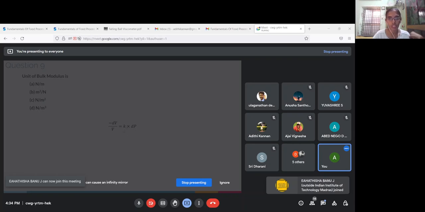Here K is just a proportionality constant, it is not the bulk modulus. So K here is minus 1 by V dV by dP. And your bulk modulus is actually the reciprocal of this proportionality constant, which is minus V dP by dV. So the units of V and V cancel, and you have the units of pressure only, which is Newton per meter square. So as you told me, the correct answer is option C.